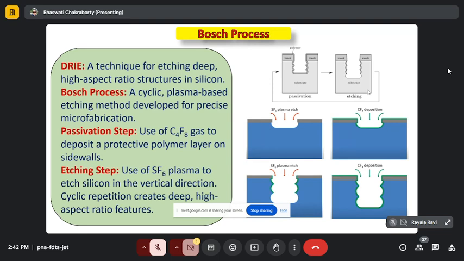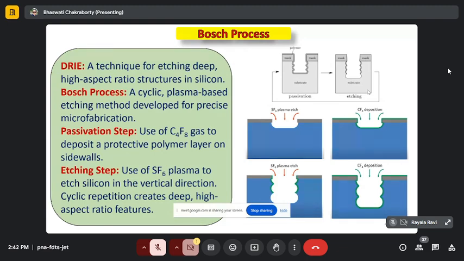This Bosch process has two particular steps. First one is the passivation step, which uses C4F8 gas to deposit a protective polymer layer on the side walls as well as the bottom. Then etching of the silicon takes place using SF6 plasma, which etches the bottom of the device and creates further etching without damaging the sidewalls, because sidewalls are already protected by the passivation step.